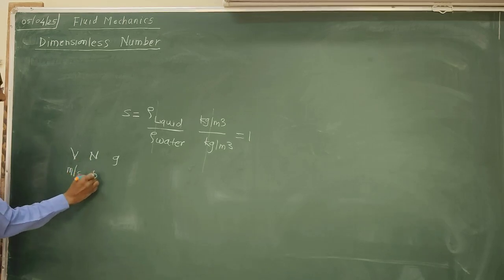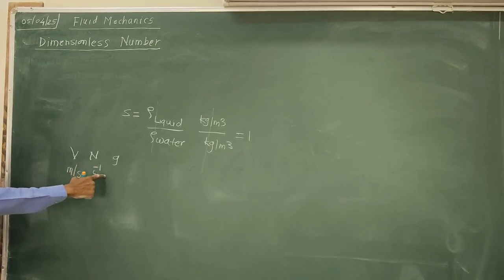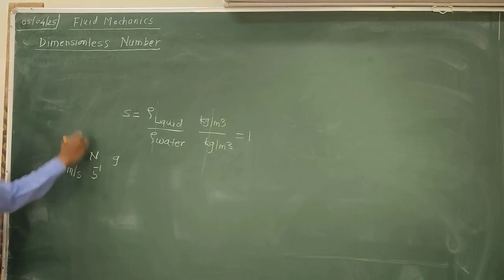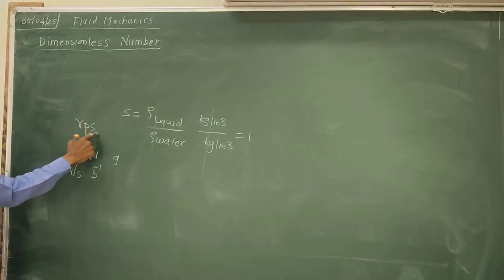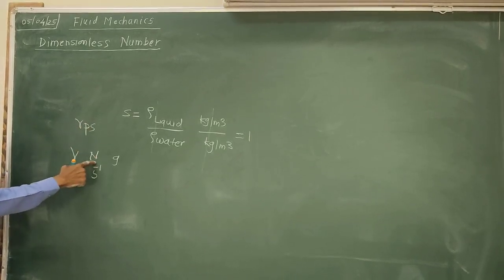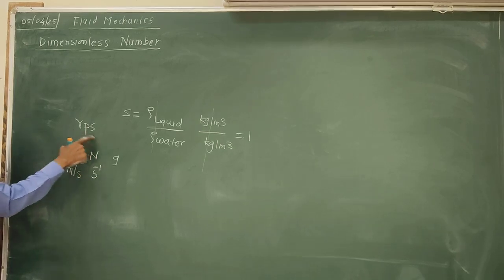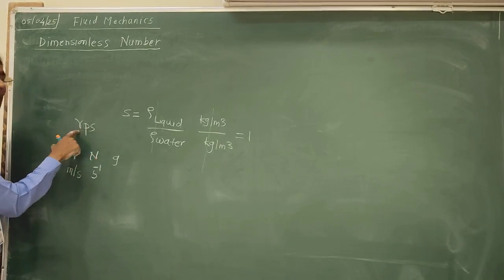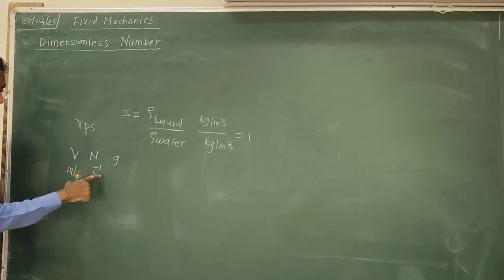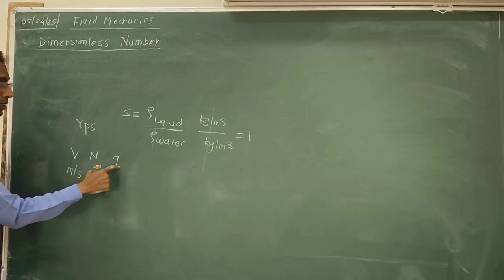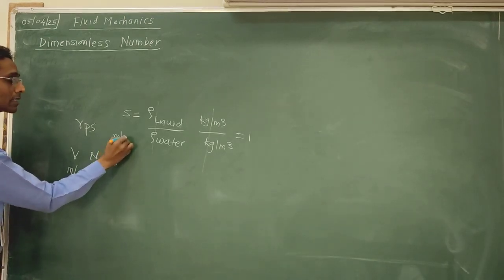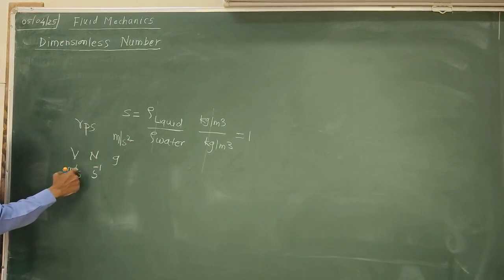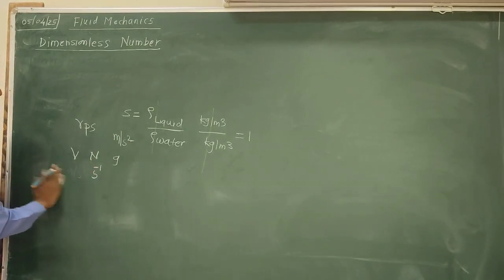The unit of N is s raised to -1, per second. Speed can be expressed by RPS, revolution per second, or RPM, revolution per minute. RPS is s raised to -1. G is meter per second square.